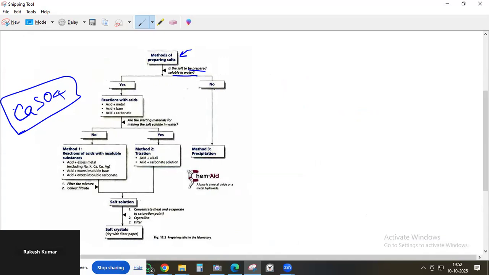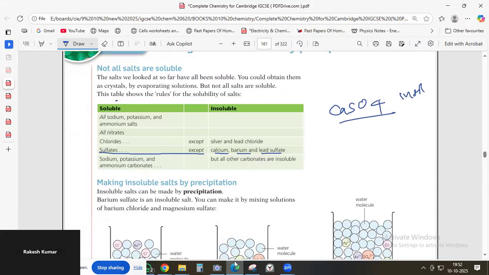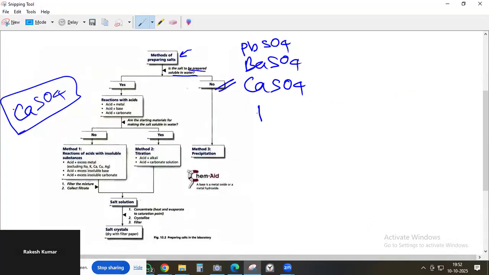Now, if it's not soluble, like in our case, CaSO4, or BaSO4, or lead SO4, or silver, lead chloride, or silver chloride, then we have to go this journey. If it is soluble, then we have to go this journey.